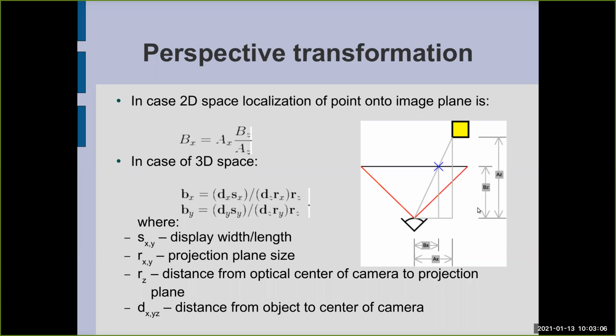So in this case, to calculate the localization of particular points on the two-dimensional plane, we have to calculate the cross-section between the line which goes from the focal point to every vertex. This cross-section, which will be marked on the projection plane, creates the projection of the particular point.